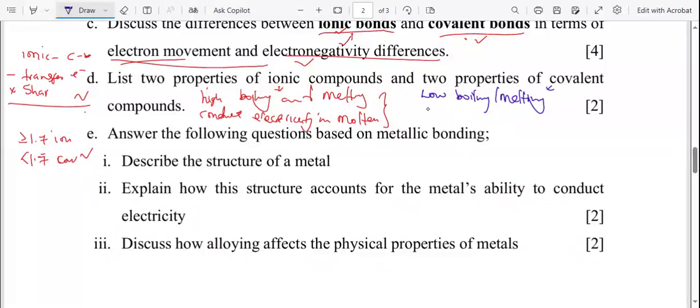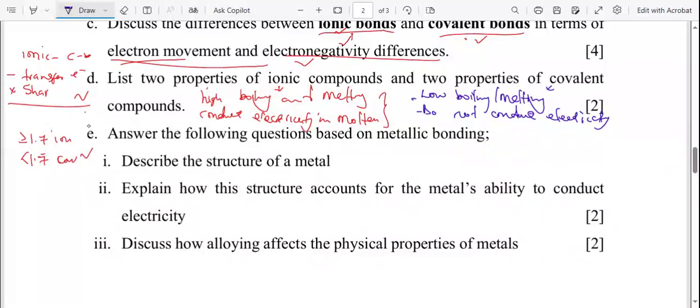The other thing is that they do not conduct electricity. So that is it about the properties of ionic compounds and covalent compounds.